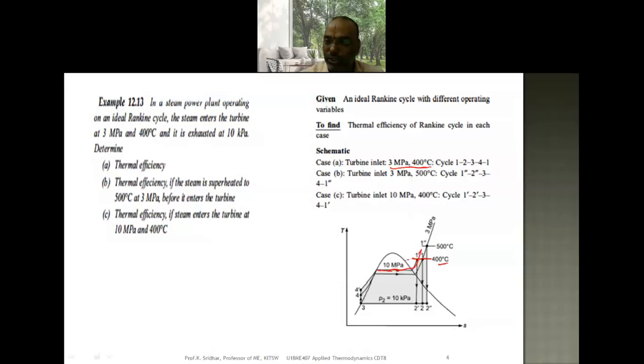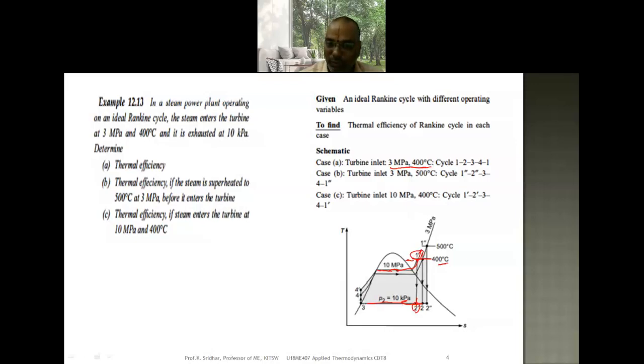And here the temperature line is like this. So both are intersecting each other here. So it is point number 1. Similarly, the isentropic expansion is 1 to 2, because the exhaust pressure value is given as 10 kilopascals. So draw a 10 kilopascals line and wherever it intersects this vertical line, this is my point 2 dash.